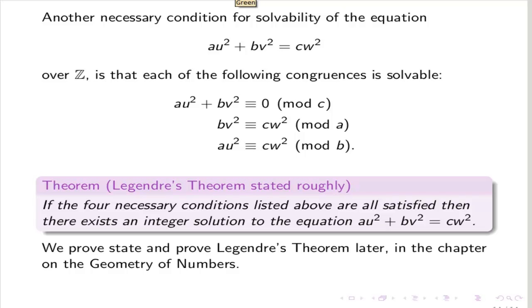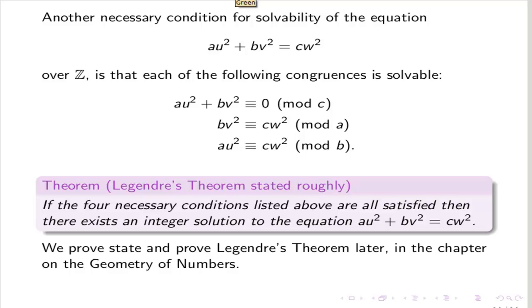And then mod a, it looks like bv squared is congruent to cw squared, and mod b, it's au squared is congruent to cw squared. So in order to have a chance of having an integer solution, each of these congruences must be solvable. So we've got 4 necessary conditions: the fact that either a or b has to be positive, and these 3 congruence conditions.